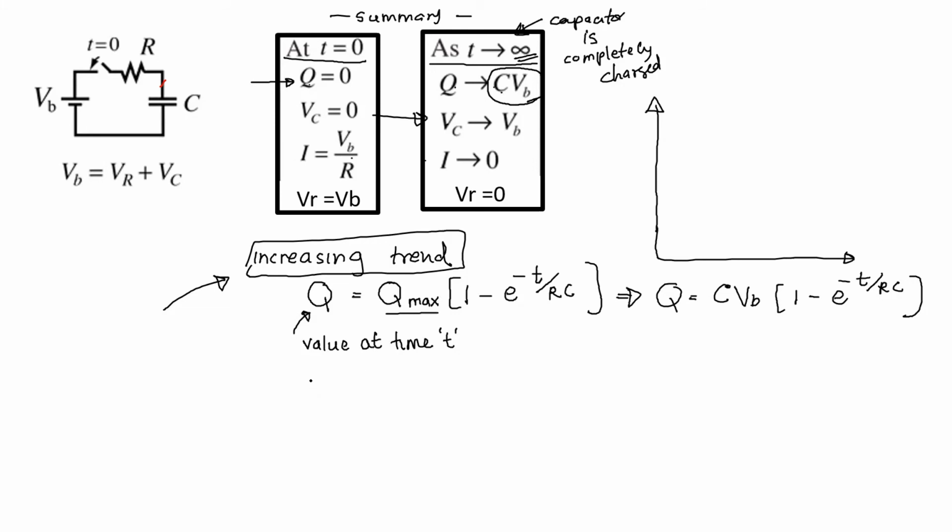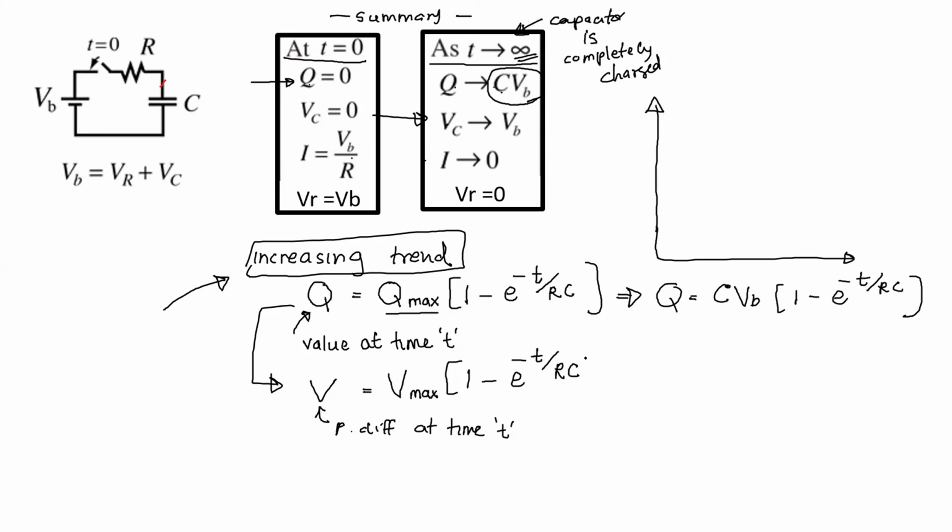Following the same format, the potential difference at time t is equal to the maximum voltage it can have, Vmax, times 1 minus e to the power negative t divided by RC.